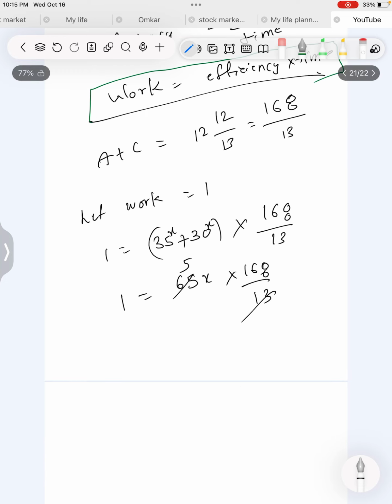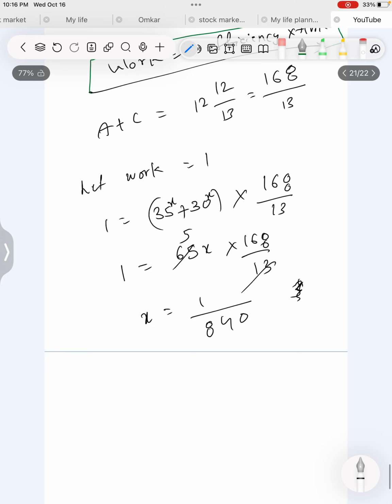So in this way you can simply get 5 40s, 5 6s, 840. In this way you will get the x.